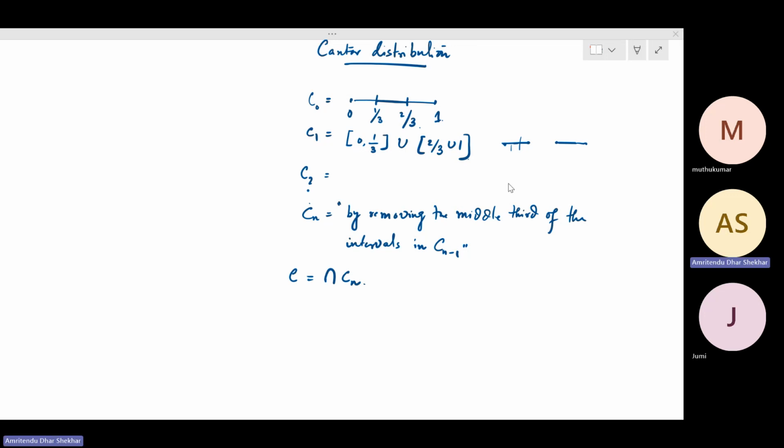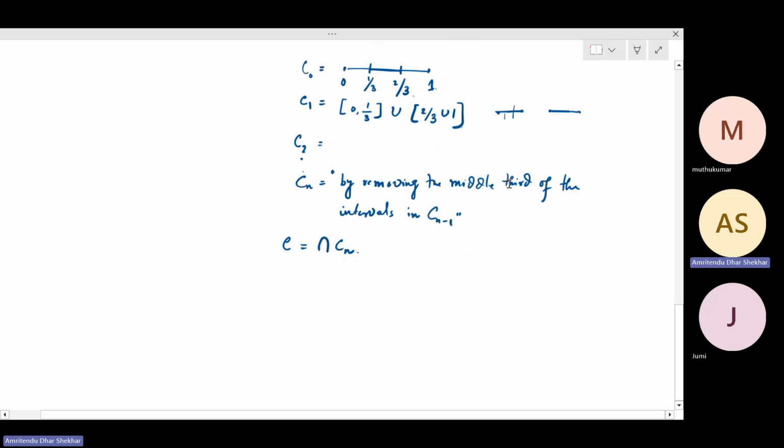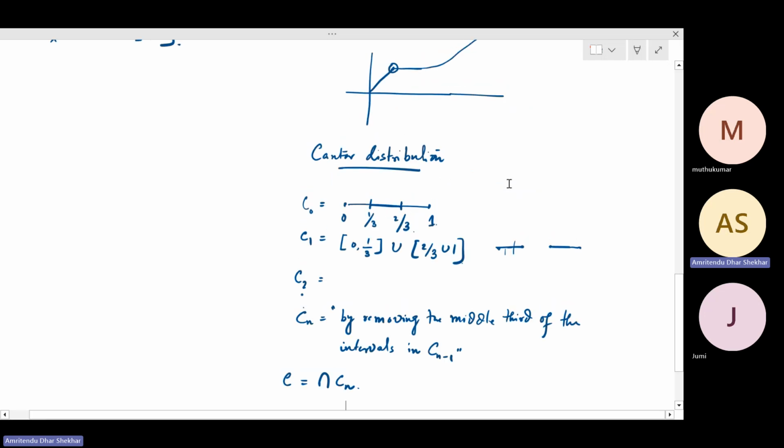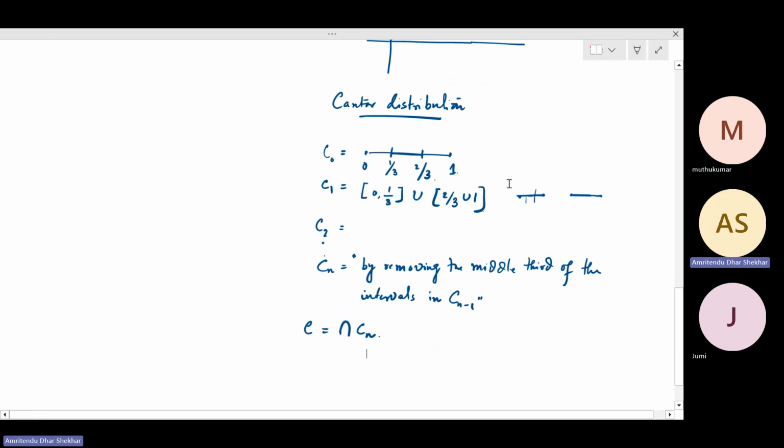Right. So there's this Cantor distribution, and there's a very nice description of that distribution. So what are you doing with the Cantor set?